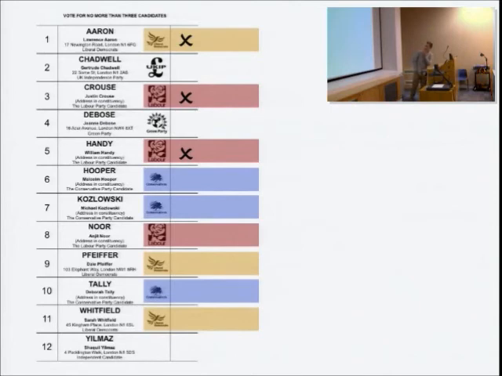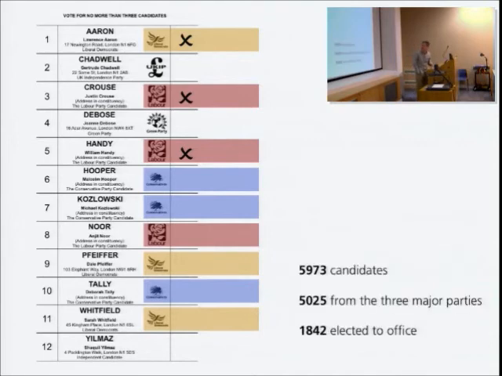So apologies for the colours here, but I'm going to use some consistent colouring to start with. I'm going to look at the 3 main political parties, Liberal Democrats, the Conservatives and Labour Party, and I'm interested in whether that's affecting voting behaviour. Just to give you some statistics, across London there were about 6,000 candidates, of which about 5,000 were from the 3 main parties, and in the end just under 2,000 were elected.